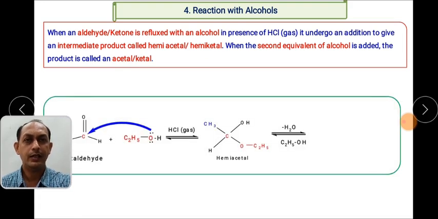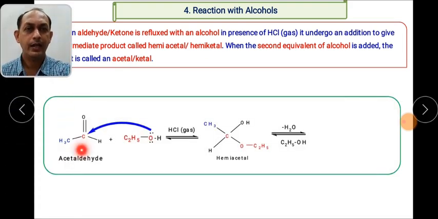So let us see the addition. Aldehyde reacted with the alcohol in presence of HCl gas gives an addition product. This oxygen has a negative charge, it will attack the carbonyl carbon and they will form the hemiacetal, where these 2 groups are coming from the aldehyde and this particular group is OC2H5.